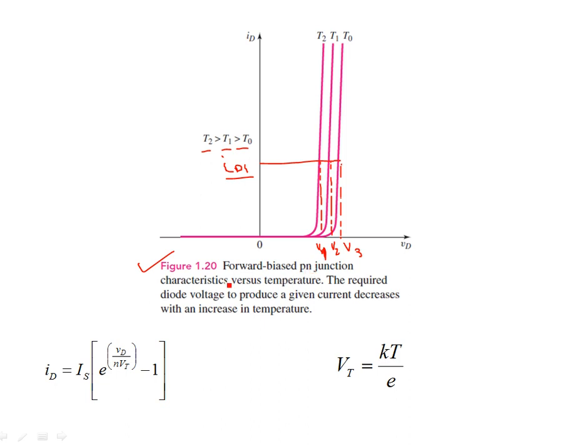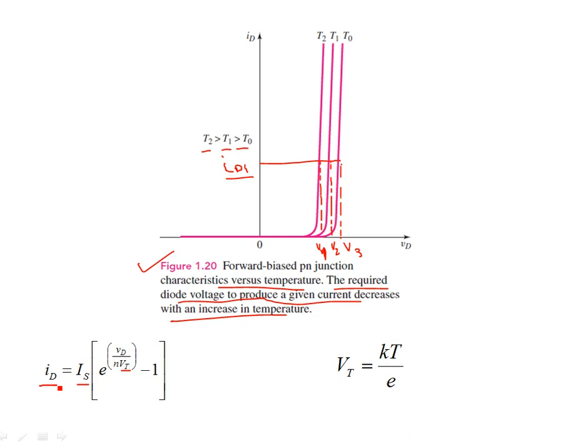So forward bias PN junction characteristics are shown versus temperature, and the required diode voltage to produce a given current decreases with an increase in temperature. That is primarily due to these two parameters, the reverse saturation current and the thermal voltage, which are dependent on temperature.